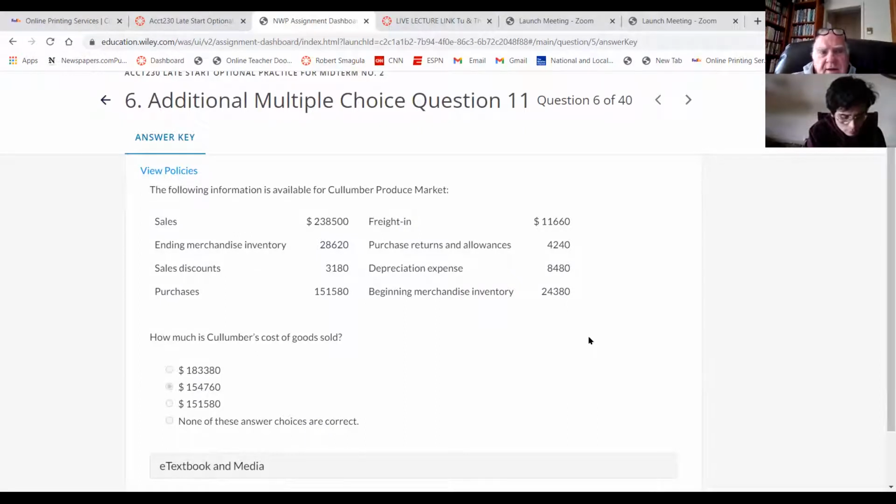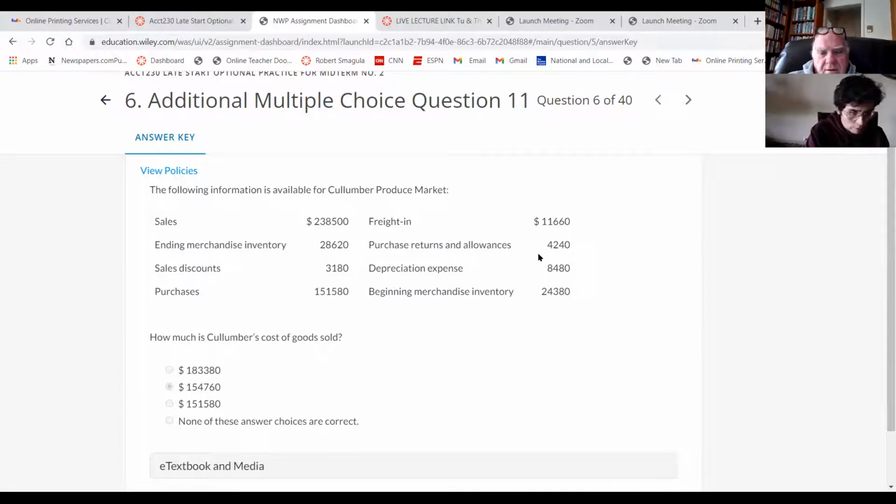What do we add to the beginning inventory? Add the purchases, 151,580. Add the freight in. 1,011,660. And then subtract purchase returns and allowances.